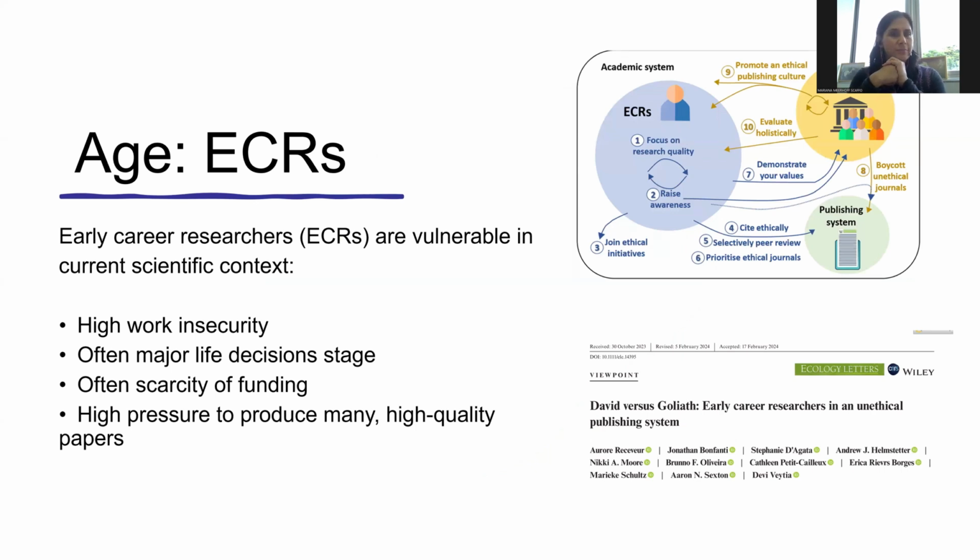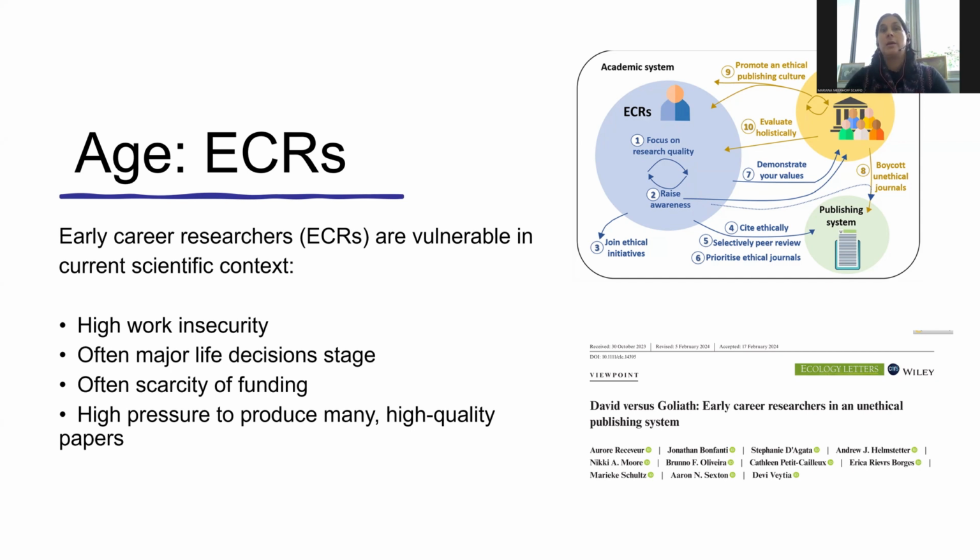So why age? We know that early career researchers, ECR, are among the most vulnerable groups in the current scientific context, and that's because everywhere or almost everywhere in the world there's a high job insecurity, and often being an early academic means that it happens at the same time as several major life decisions.